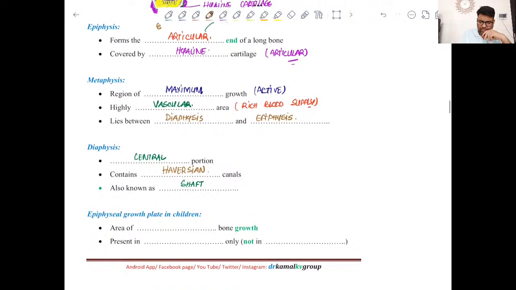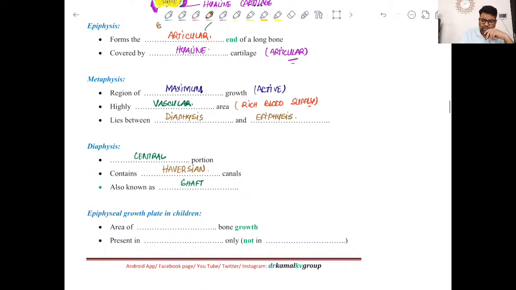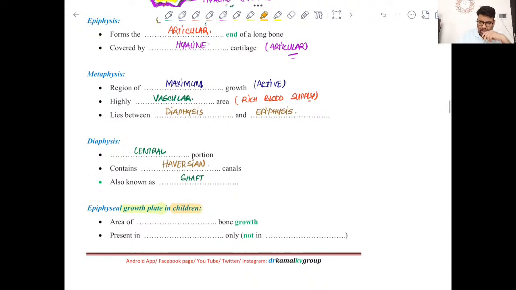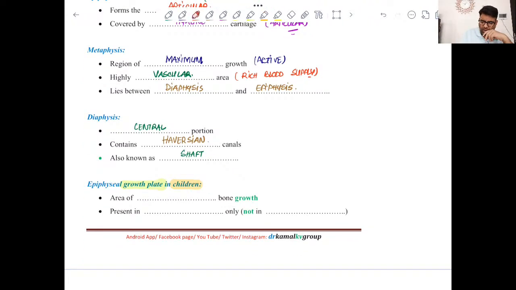So this is diaphysis. Now the growth plate, which is also known as the epiphyseal plate, is exclusively present in children, number one, and this is the area of longitudinal.